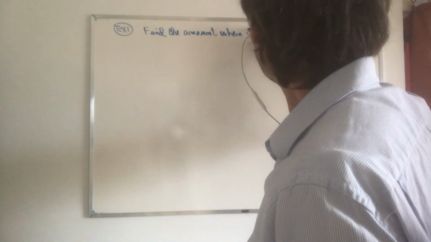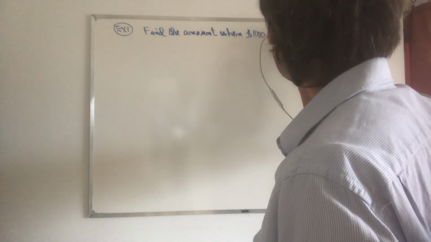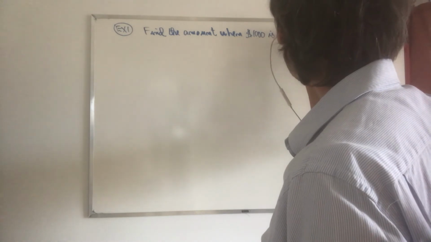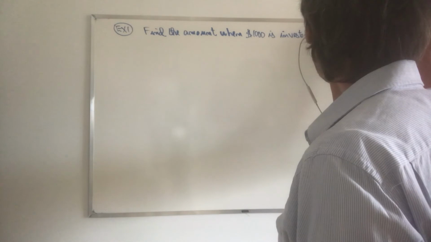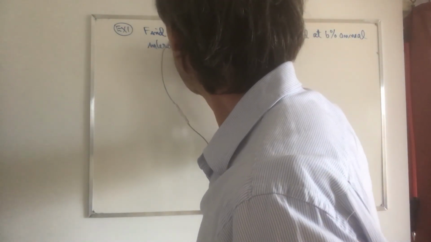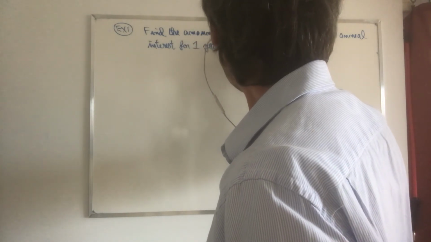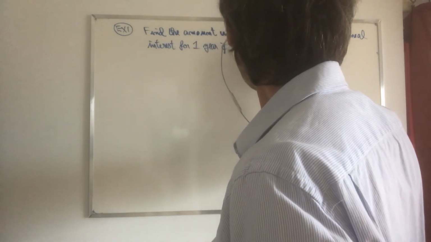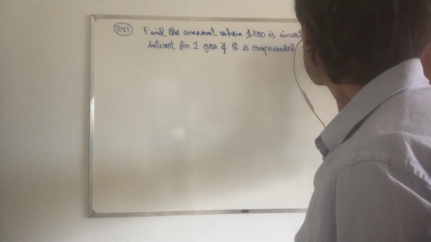Find the amount when $1,000 is invested at 6% annual interest for 1 year if money is compounded continuously.